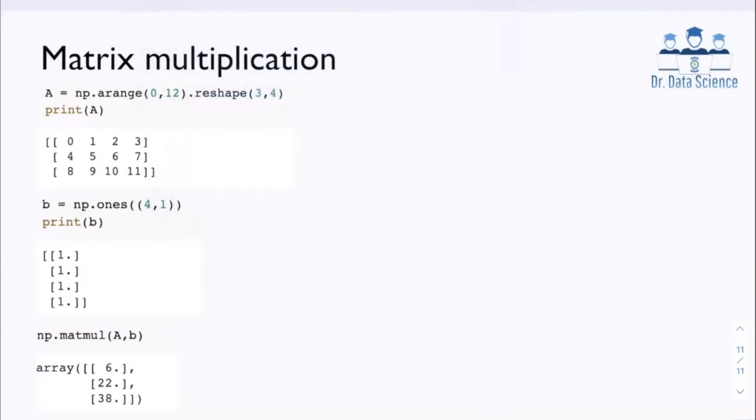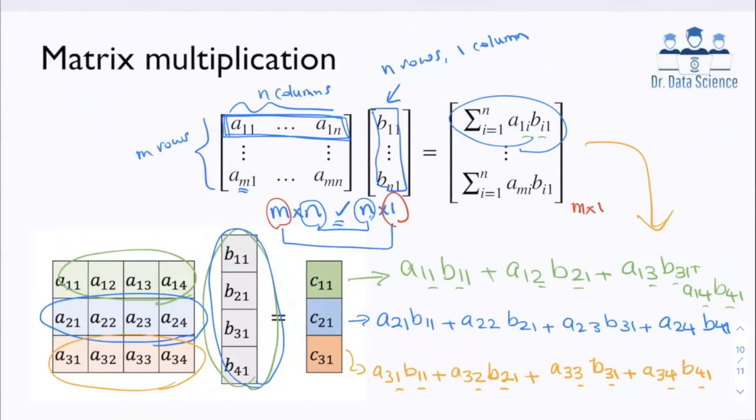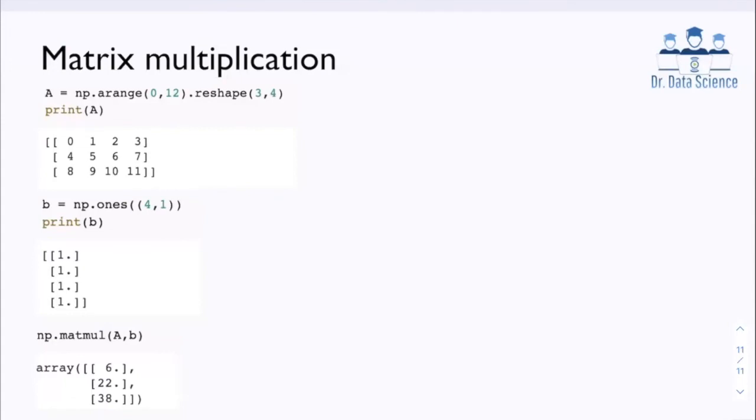So in order to show you this example, I created a two-dimensional array which has 3 rows and 4 columns, very similar to what we have here. So I'm trying to exactly replicate the same example.